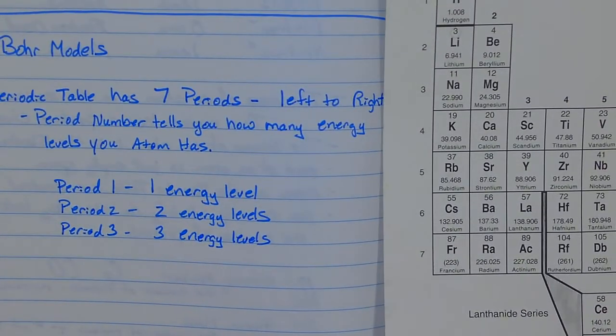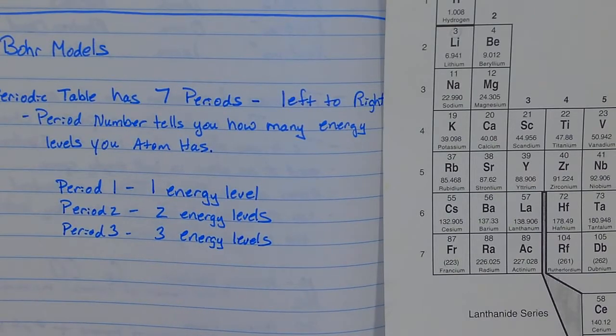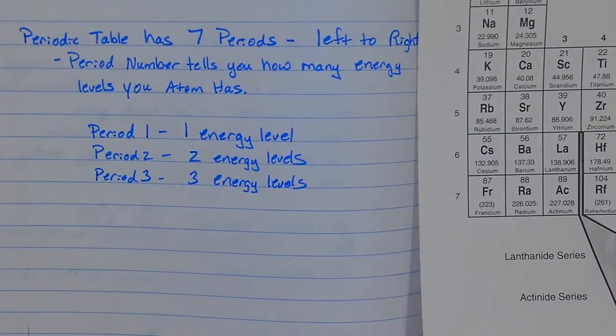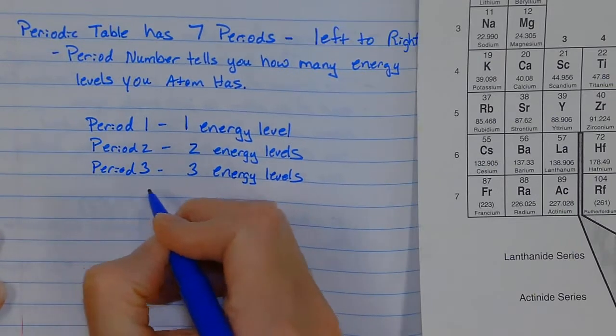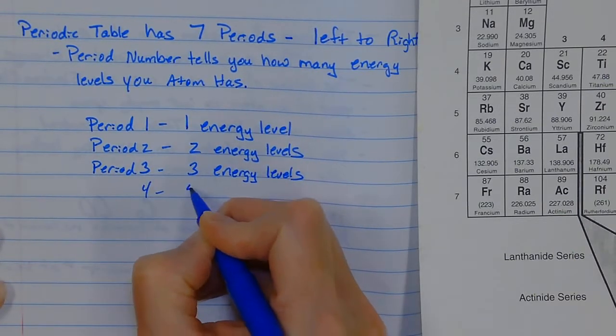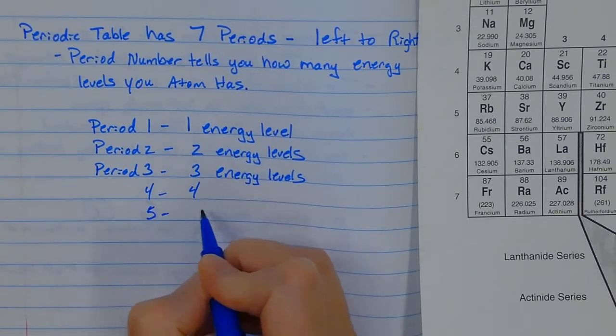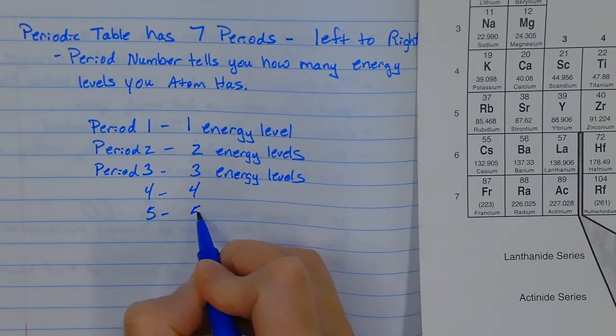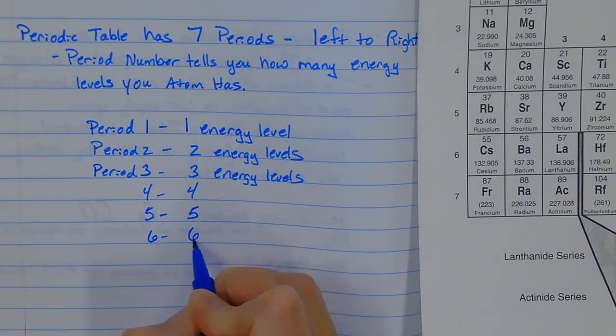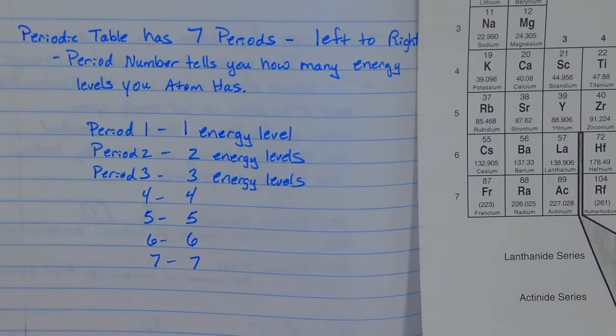So period 4, I think you can predict how many energy levels do you think period 4 has. So period 4 has 4 energy levels. Period 5 would have 5 energy levels, 6 would have 6, and 7 would have 7.